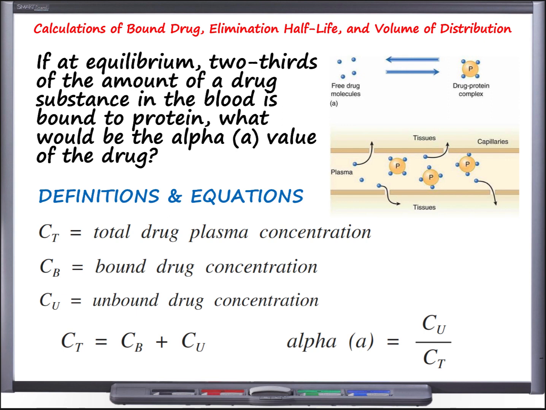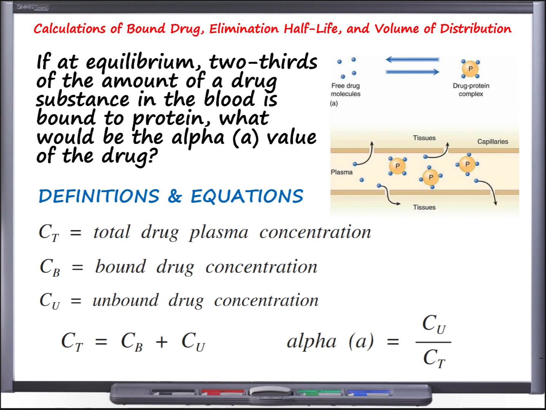So the first things we need to know to answer this question is let's define various concentrations. The first concentration we'll describe is called CT, which stands for the concentration of the total drug in plasma. Okay, so it's the total drug plasma concentration, whether it's bound or unbound, it doesn't matter, it's the total concentration in the plasma. The second concentration would be a fraction of that.